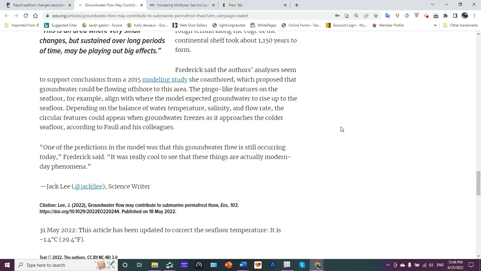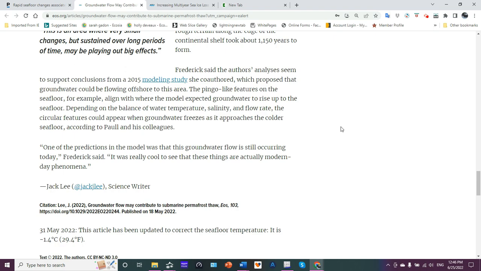The pingo-like features on the seafloor, for example, align with where the model expected groundwater to rise up to the seafloor, depending on the balance of water temperature, salinity, and flow rate. The circular features could appear when groundwater freezes as it approaches the colder seafloor.